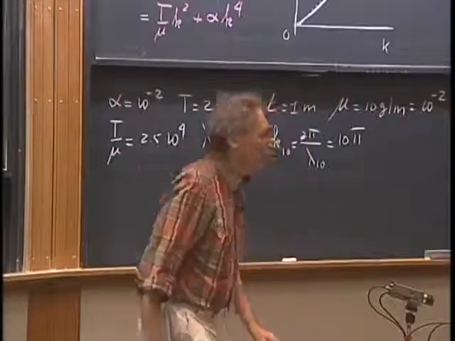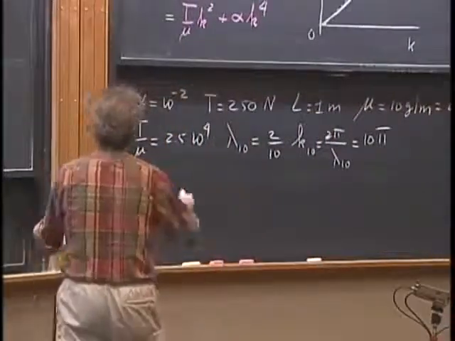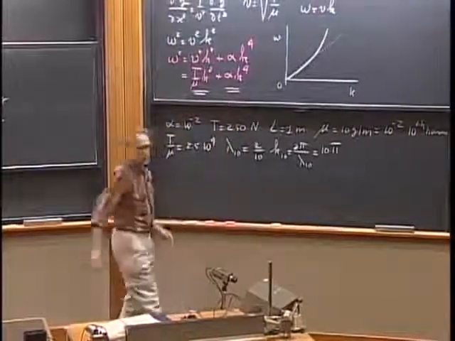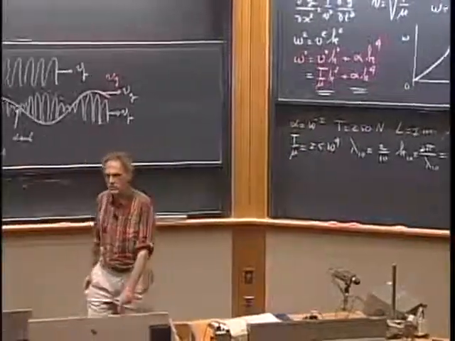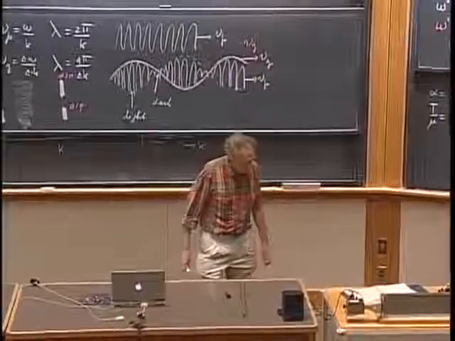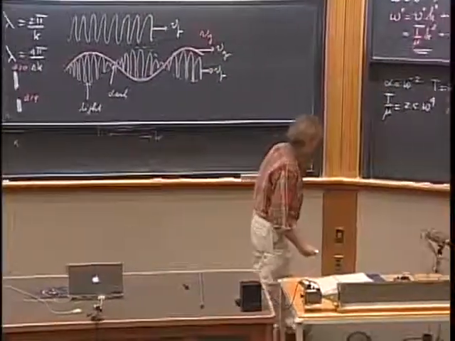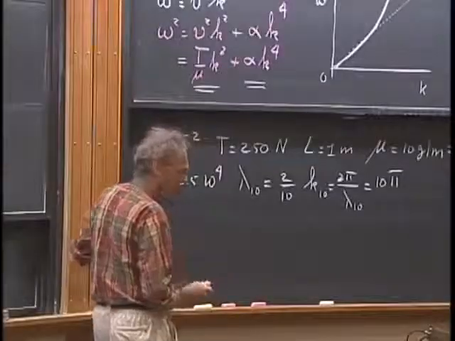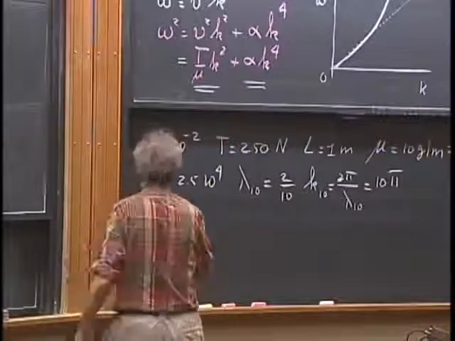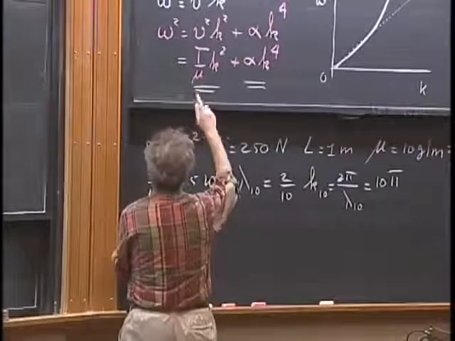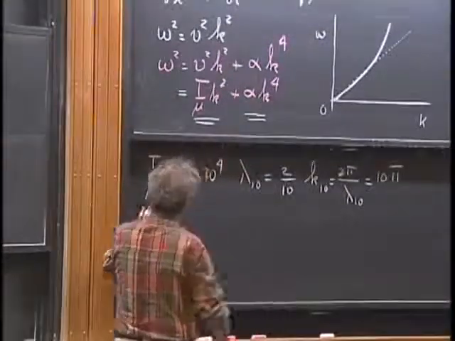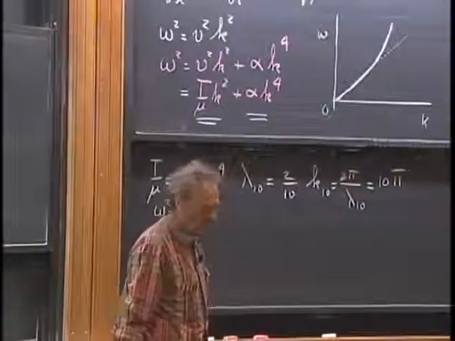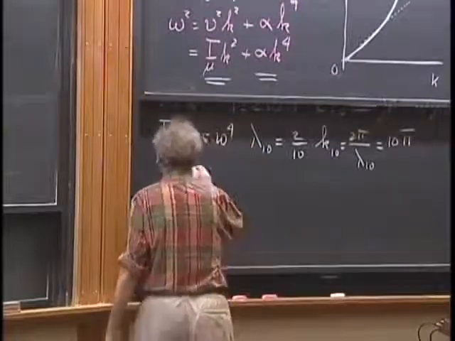And so now I have all the ingredients to compare this omega squared term with that term to see by how much the frequency changes over the case where we had no dispersion. So this first term, and you can check that of course for yourself, I will write down omega squared again, is T over mu, and then I have to multiply it by k squared, and then I find 2.5 times 10 to the 7th.